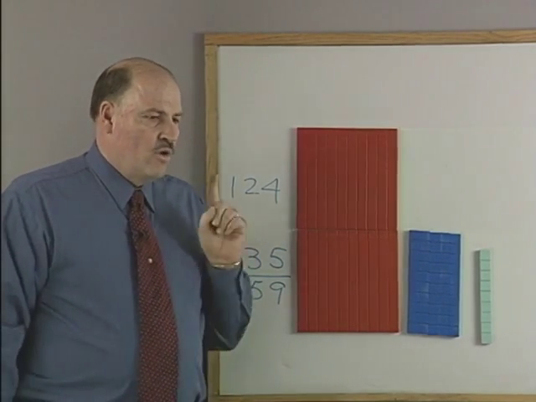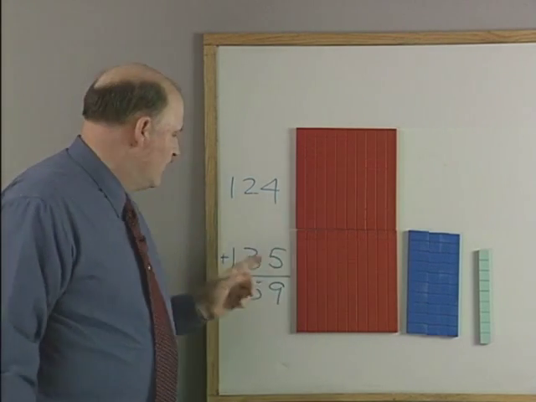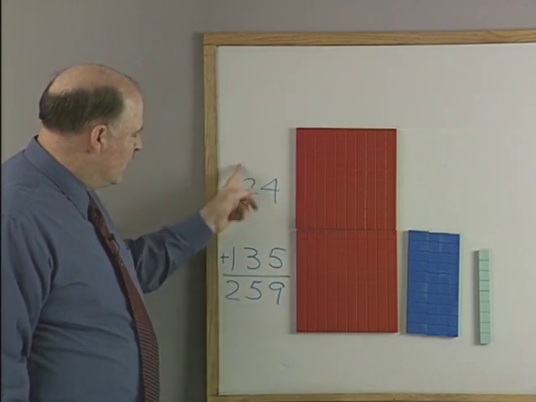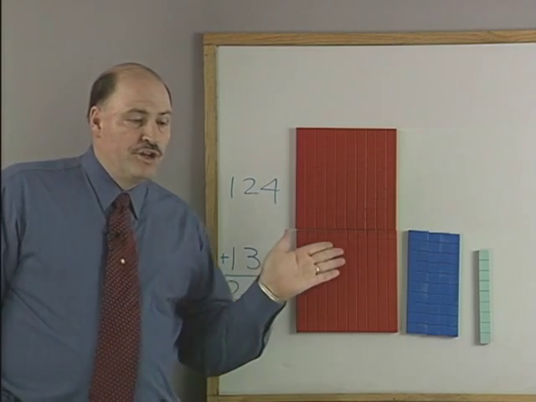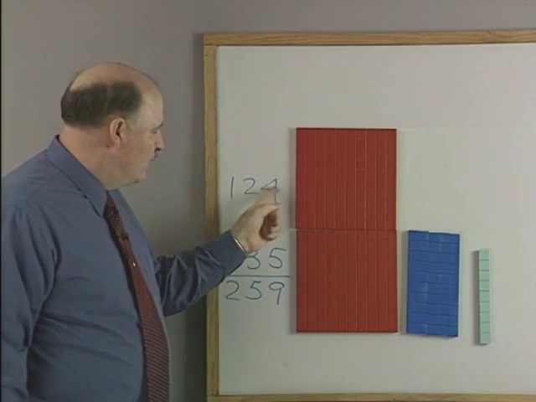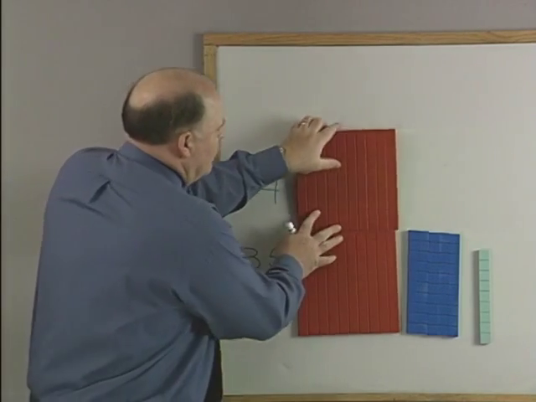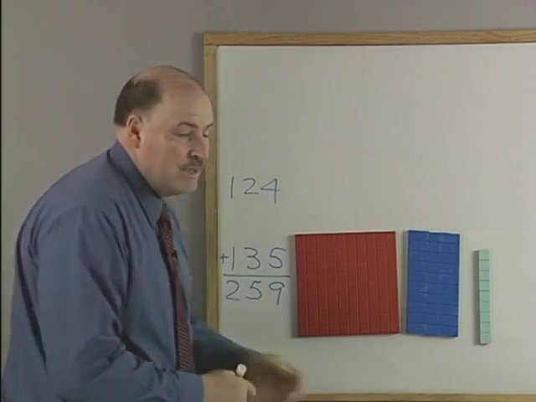Okay, so some tips. If you're adding problems like this, you might want to consider either drawing some lines or turning your line paper sideways, right? So that you make sure that you add units to units, tens to tens, hundreds to hundreds, or you could even add them using place value notation.